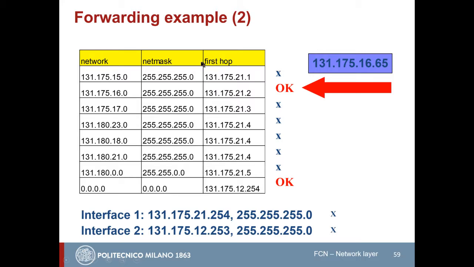Sometimes you can call it first hop or next hop, it is the same. In this case, this next hop router has an address which is 131.175.21.2, which is matching with the first interface. Okay, so it means that this next hop router is connected to the same network as this interface.